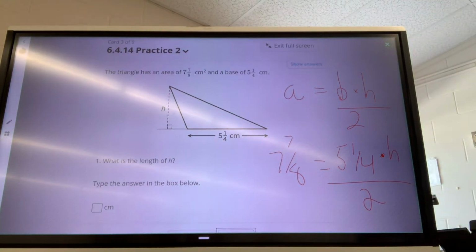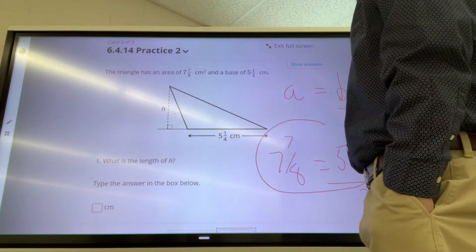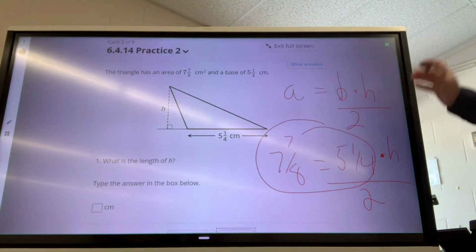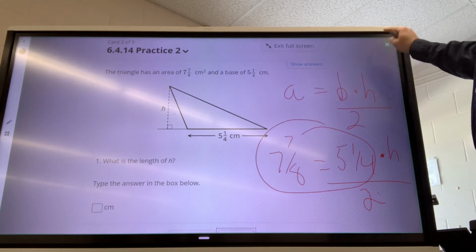Okay, divide by 2. So what would you have to do there to figure that out? Fill in the blank, right? Remember, you can do a little bit of dividing with these, but you may have to adjust the number based on this division by 2 here.